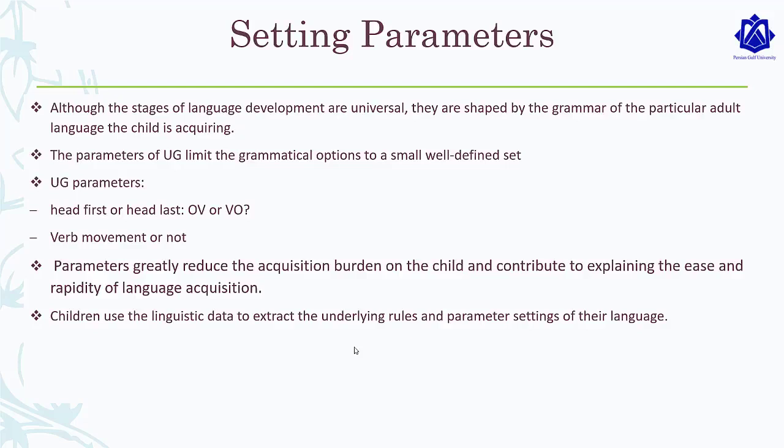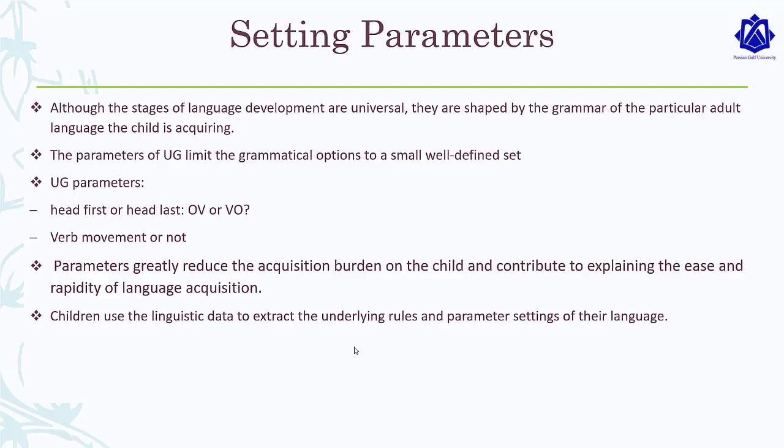Parameters reduce the burden of learning a new language, and this is another reason why children learn the language easily and rapidly. So part of the explanation for the ease and rapidity of language acquisition comes from principles of UG that are shared by all world languages, and some part of it comes from parameters, that we have a limited set of choices and the children would choose among them.